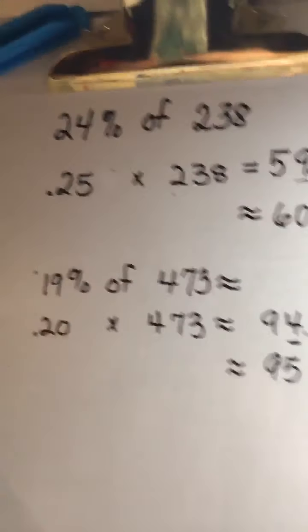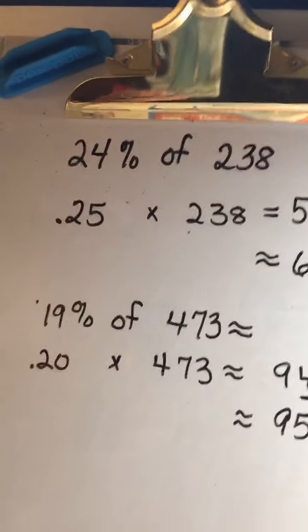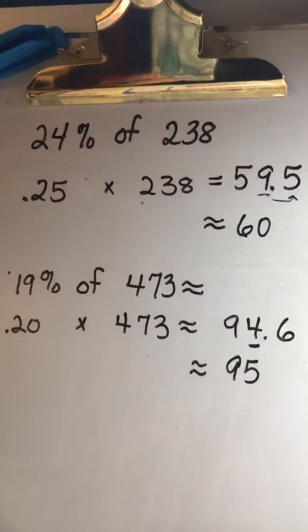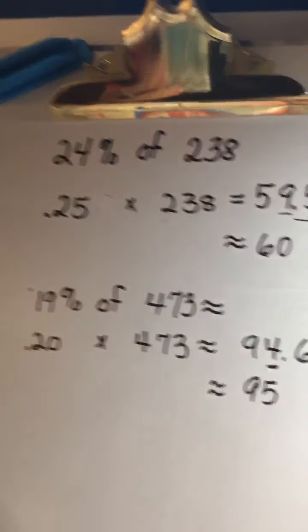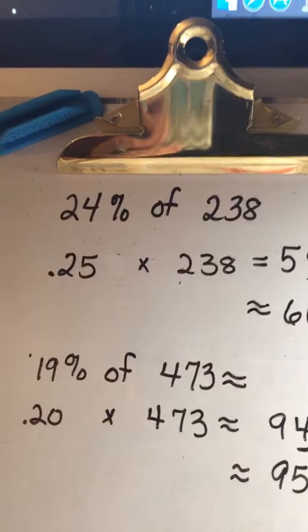Okay? If you went up to 500, you probably came up with, and you should have come up with, approximately 100. Okay? So that's how you estimate.